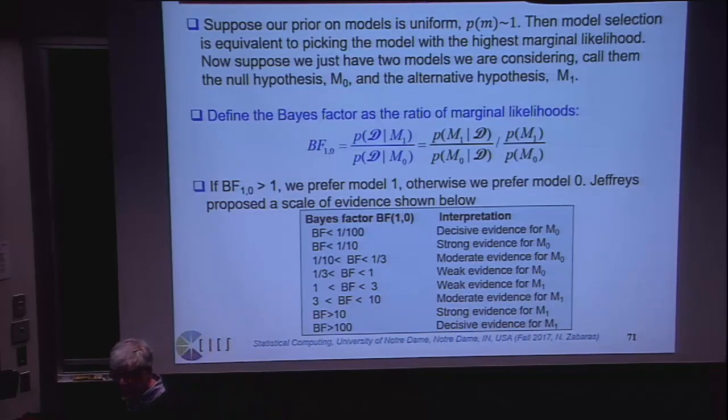What I want you to do is read the rest of the slides, because I gave you a few examples that demonstrate that when you compare models with uninformative priors, you can get completely garbage results. They come with different names, paradox of this and paradox of that, etc. So if you have uninformative priors and you try to decide what model to use using Bayes factors, you can come up with completely garbage results.